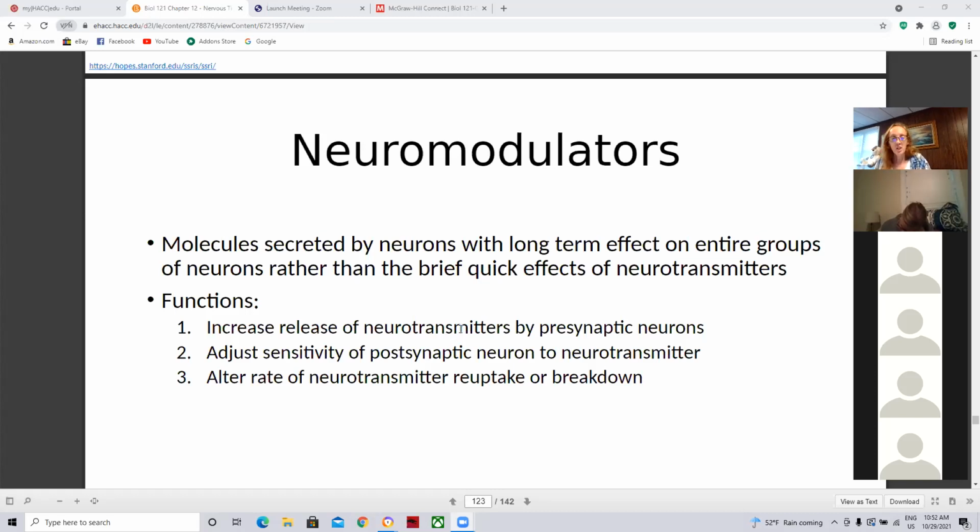They function in increasing the release of neurotransmitter by presynaptic neurons, adjusting the sensitivity of postsynaptic neurons to neurotransmitters, and altering the rates of reuptake and breakdown. So they're going to alter the effects that neurotransmitters have on other neurons.